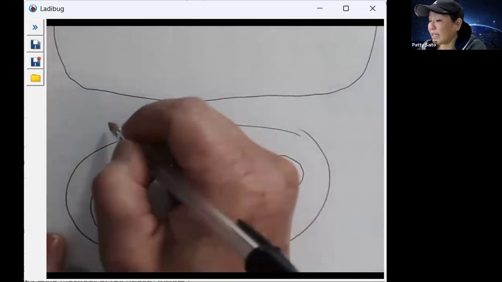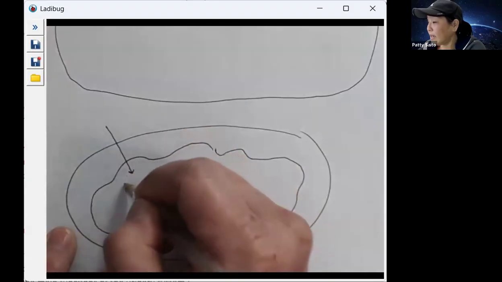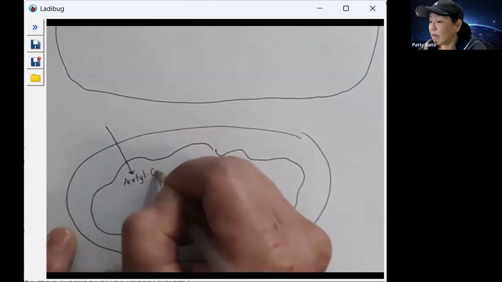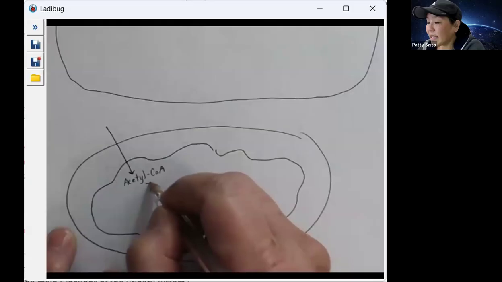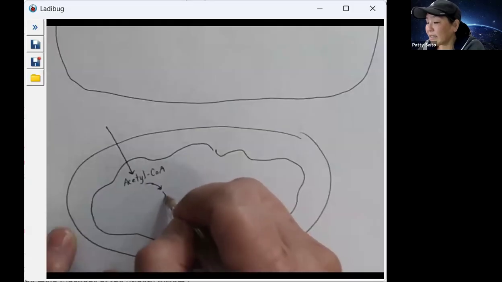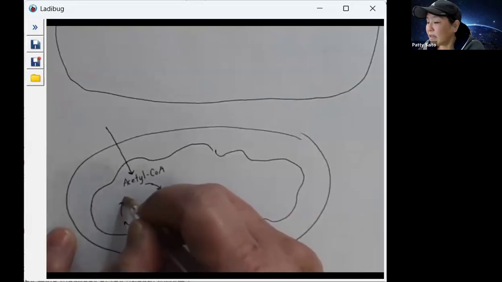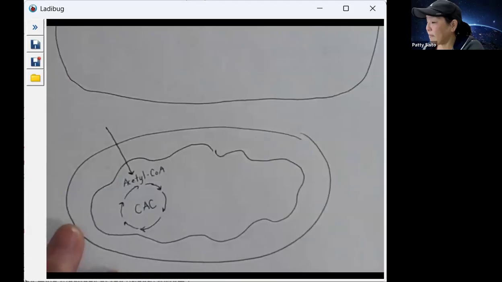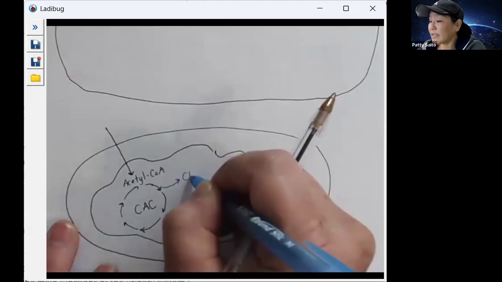All right, we get the acetyl-CoA coming in. It's going to feed into the citric acid cycle. We're going to get some carbon dioxide out of it.